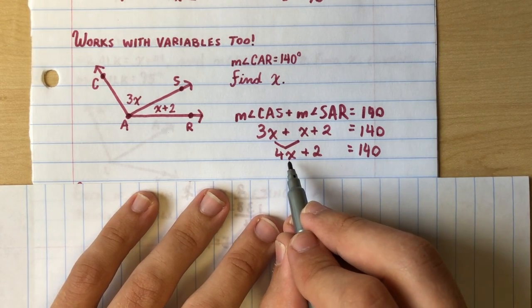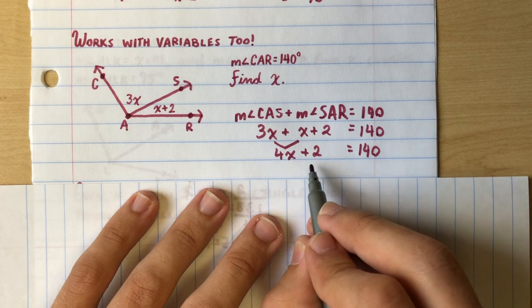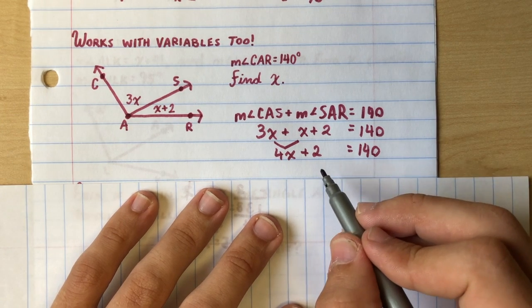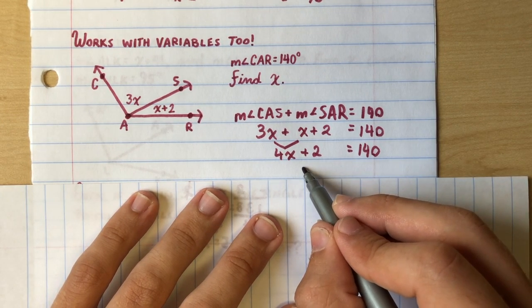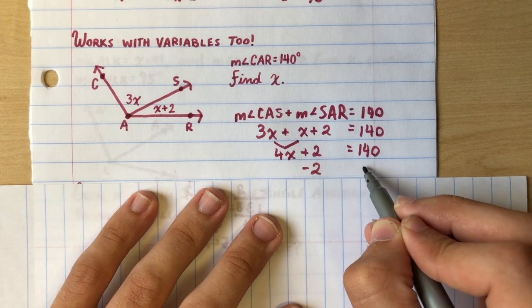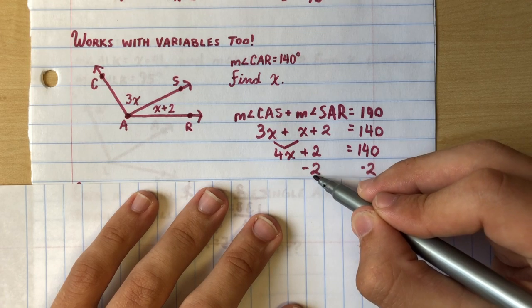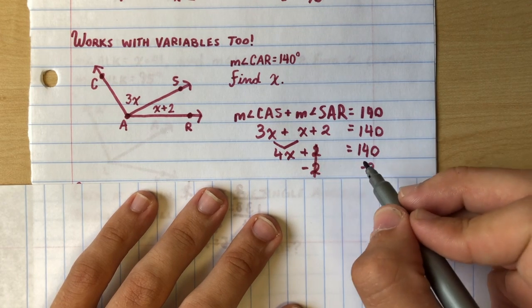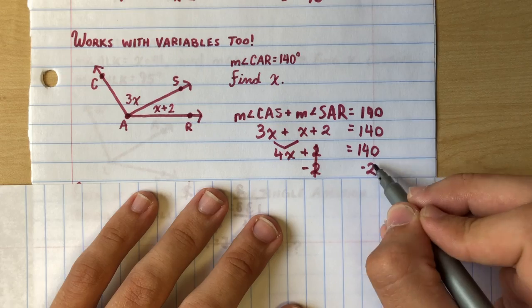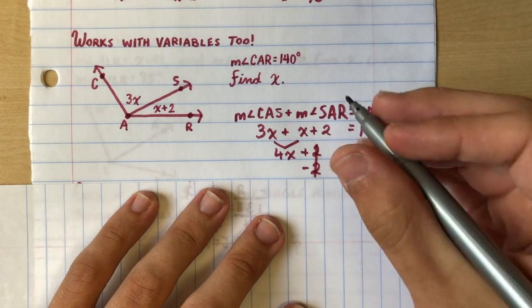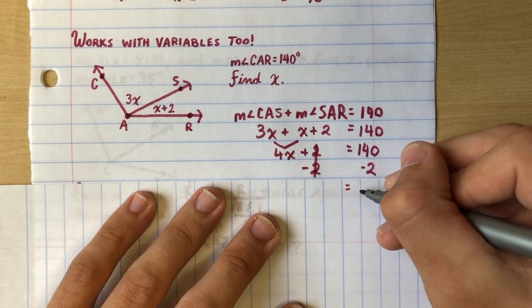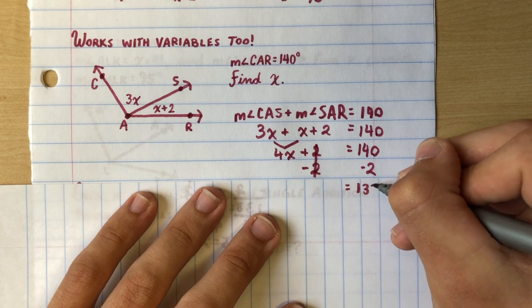Because the x is over here, we want to get rid of everything that's not x. The first step, if you watch the creating equations video, is to subtract 2 off of each side. This 2 minus 2 is 0, so that cancels. And over here, 140 minus 2 is 138. So we'll say equals 138.